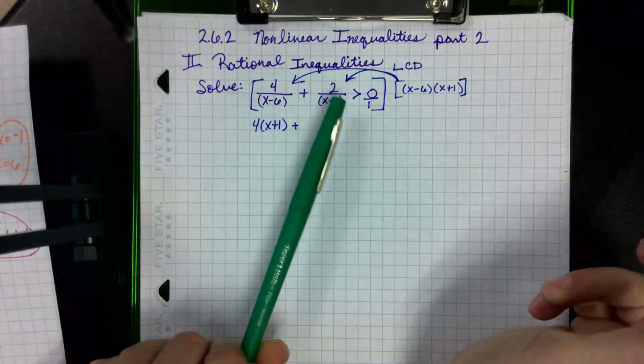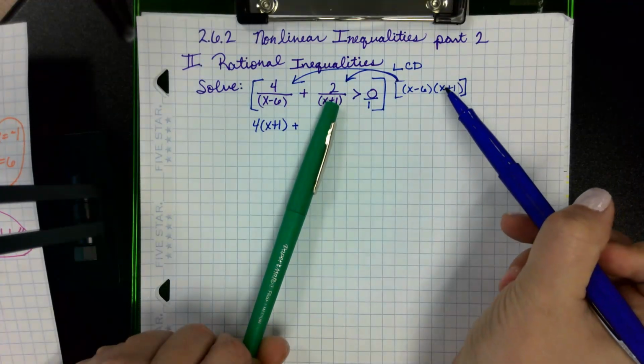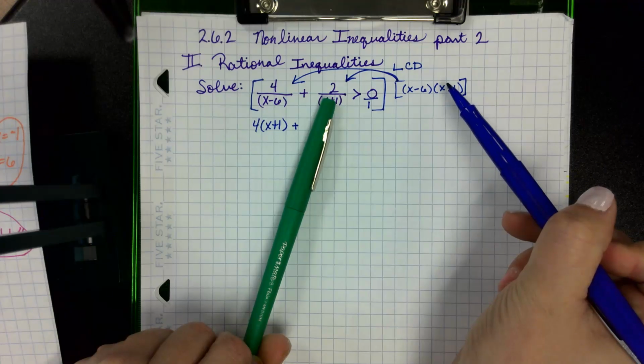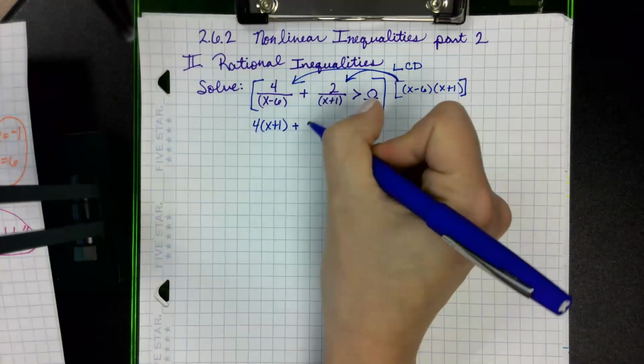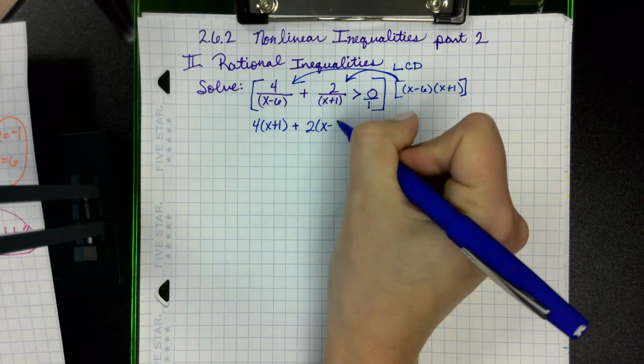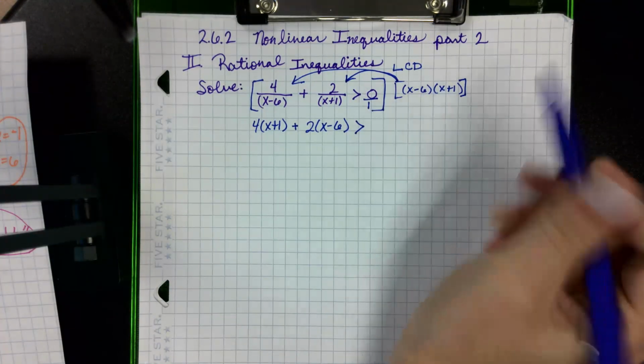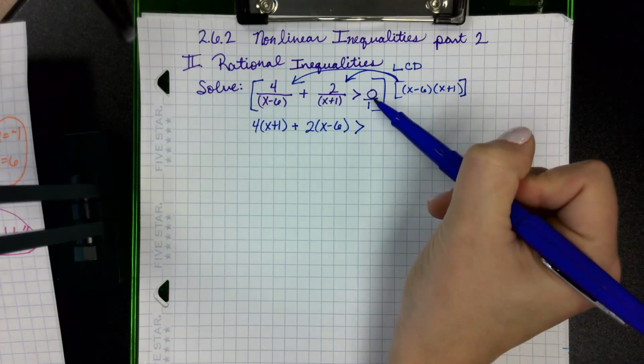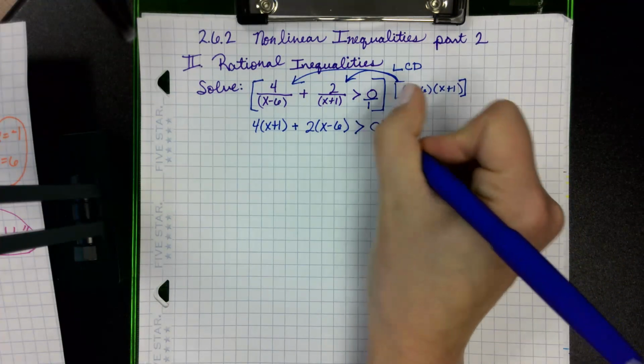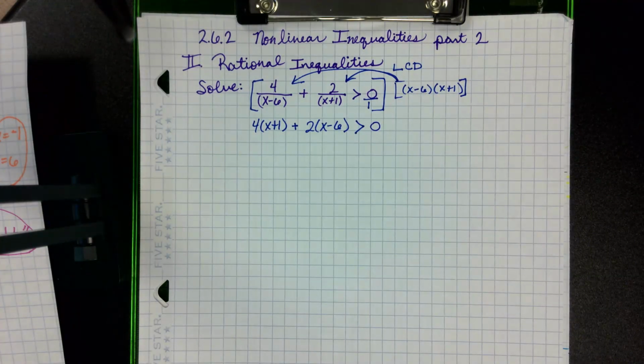In the second part, there's an x plus 1 in the denominator, and it will cancel this x plus 1 in the LCD. So we have 2 times x minus 6. We have a greater than symbol. And then the LCD times 0, well, anything times 0 is 0. All right, so we simplified our inequality by canceling out denominators.